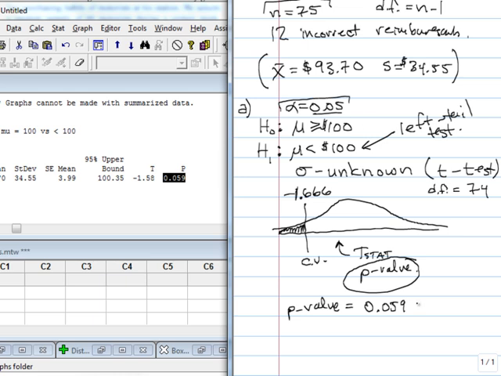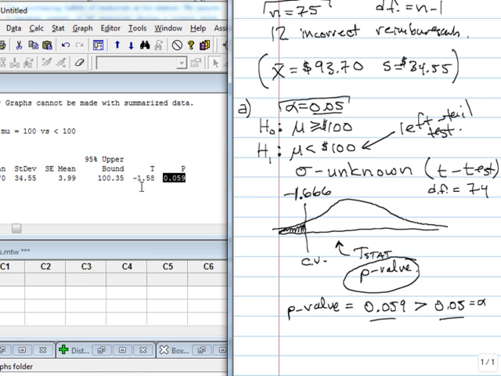And it is actually greater than 0.05, which is alpha. If you remember the rule, if the p-value is greater than alpha, we fail to reject the null hypothesis. In other words, we don't have enough evidence to reject the null hypothesis if the p-value is greater than alpha, which in this case it is.